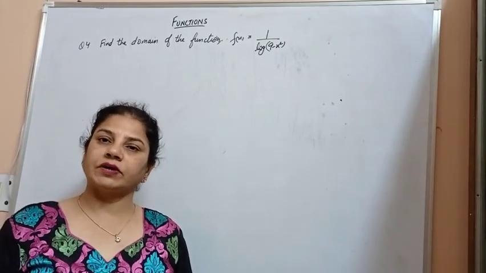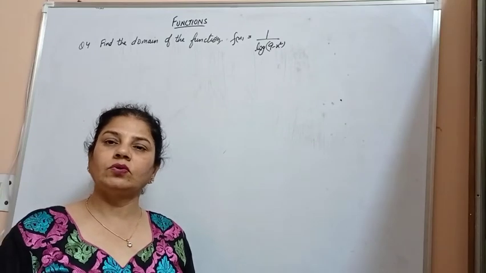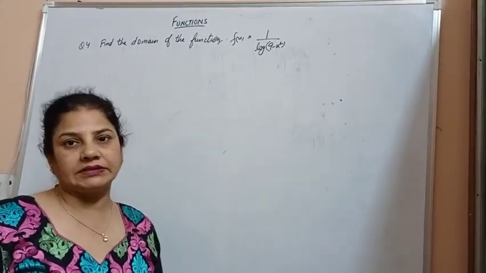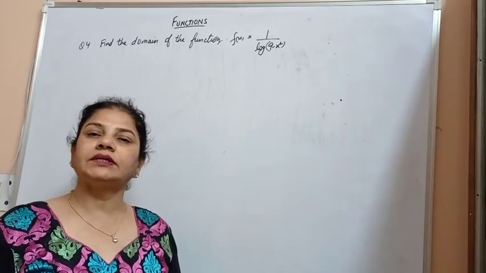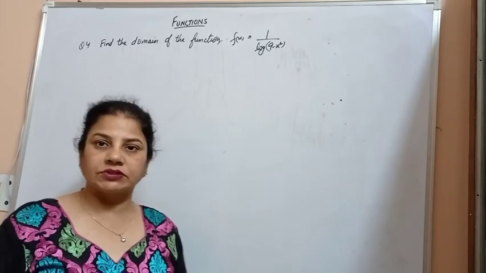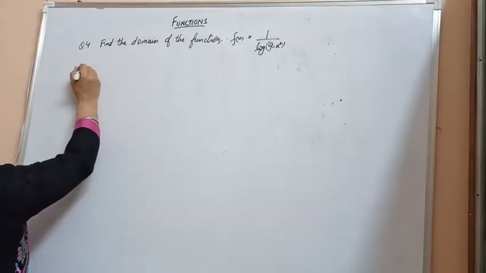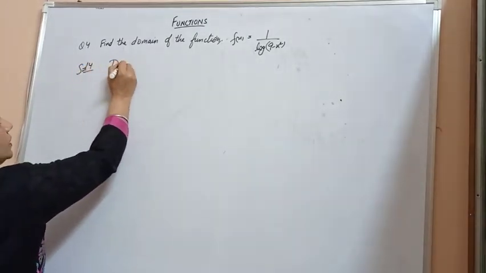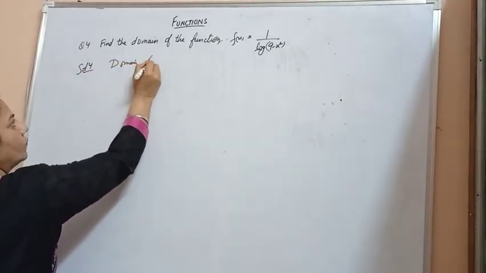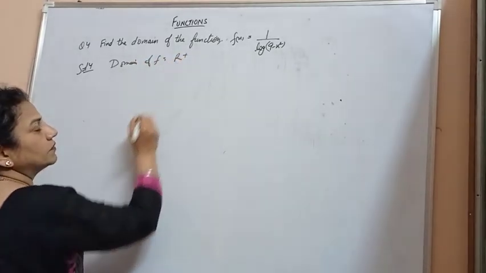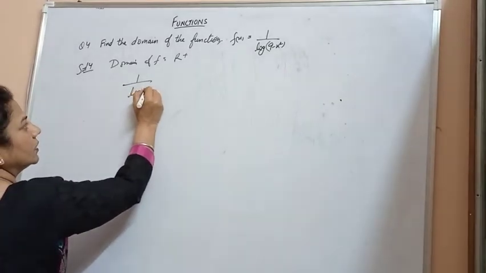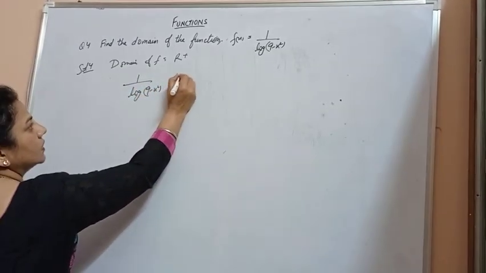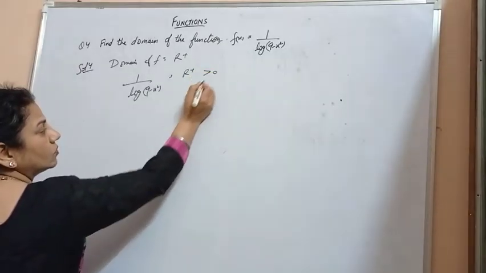Find the domain of the function f(x) is equal to 1 upon log(9 minus x square). Again, this is a logarithm function and we know that the domain of the logarithm function is positive real numbers.